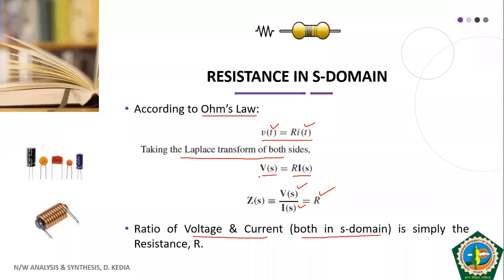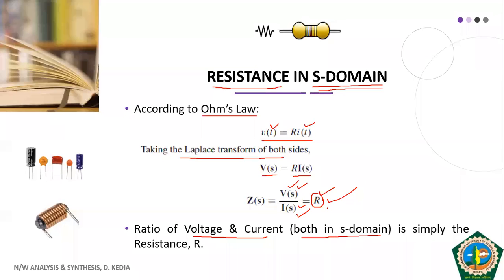So what I'm trying to do here is represent resistance in S domain, or how I will transform my resistance in a normal circuit to circuits represented with the help of Laplace transform. This shows that the ratio of voltage in S to current in S is simply R. It means in the Laplace domain or S domain, there will be no change in R. R will remain R. Remember this, a constant will remain constant.